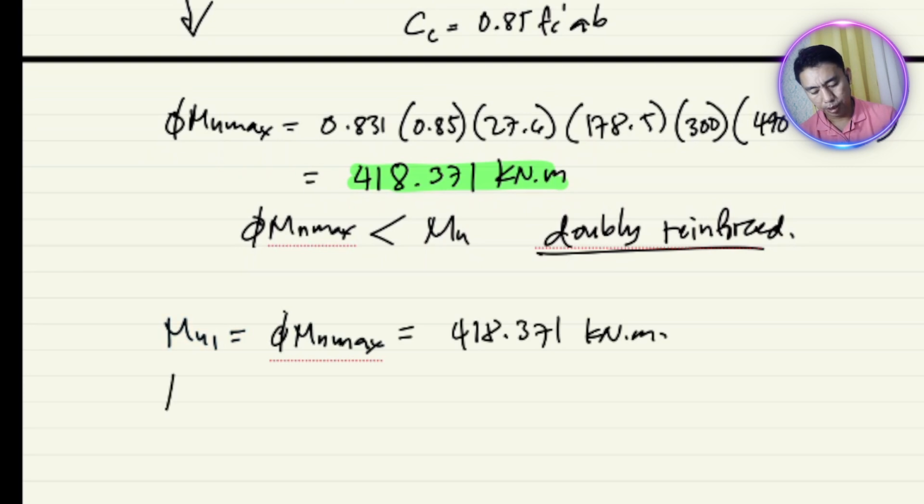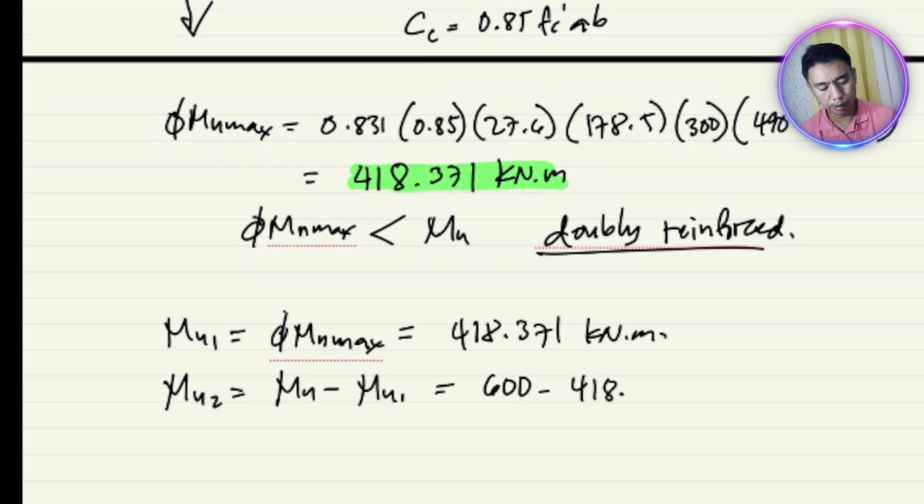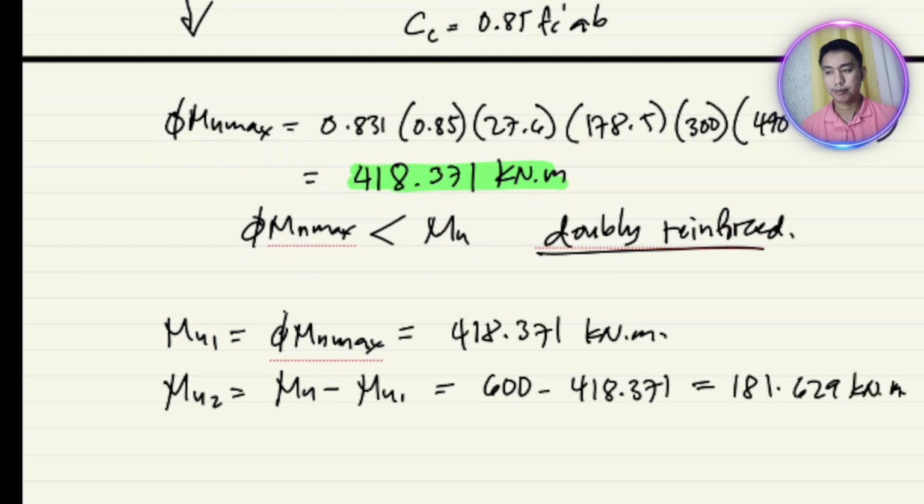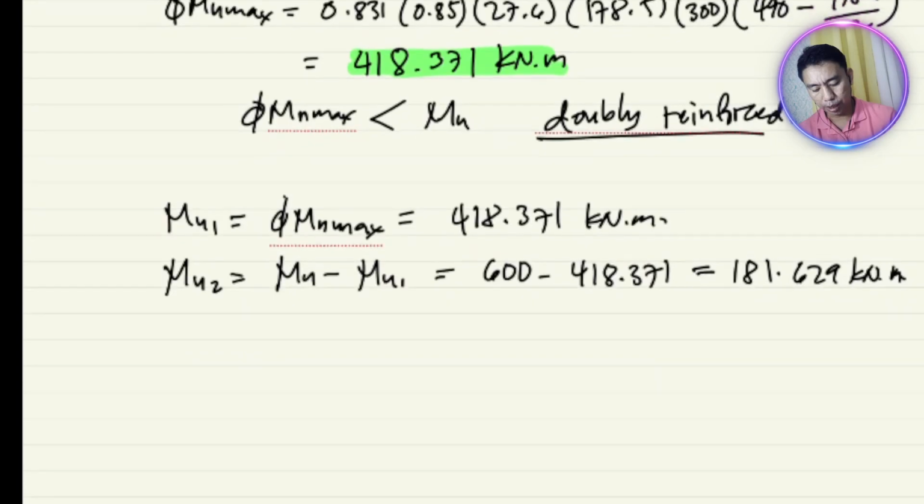So that we have to solve for Mu2 which is equal to Mu minus Mu1. So this is 600 minus 418.371. This is equal to 181.629 kilonewton meter. Okay.